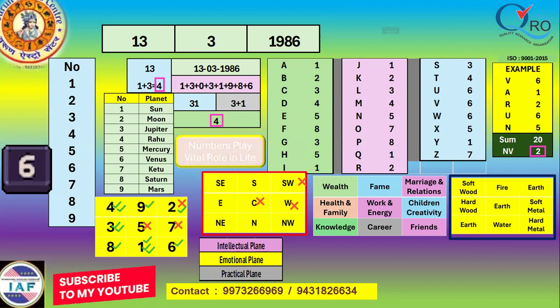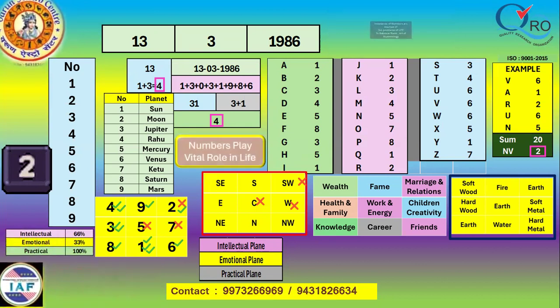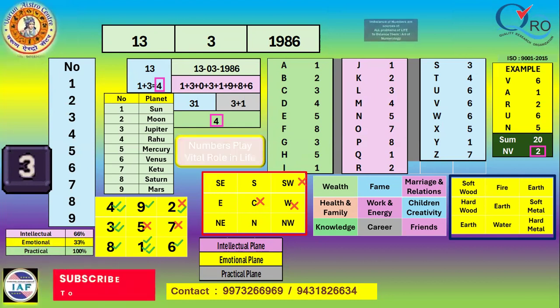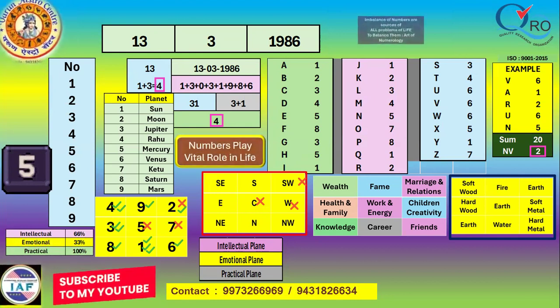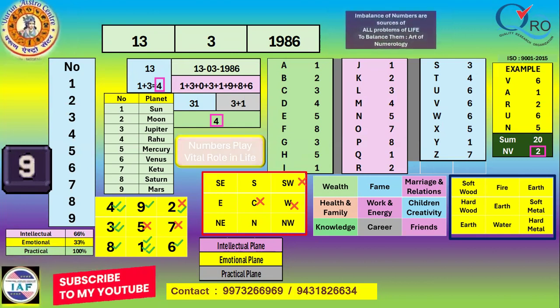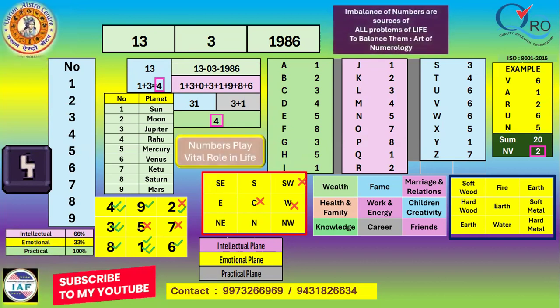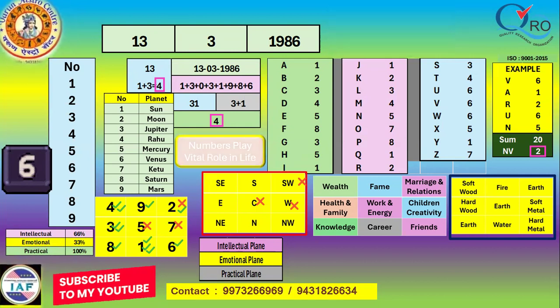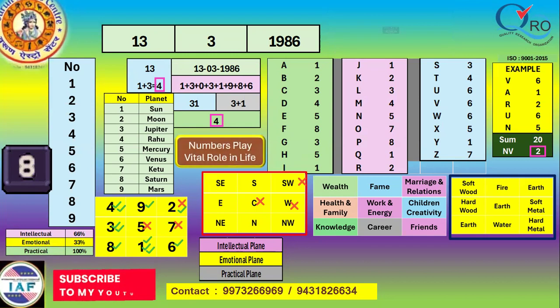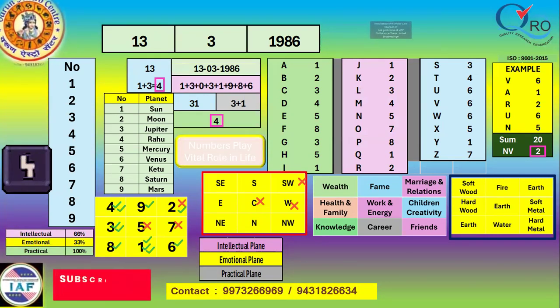For this native, we can say that the intellectual plane is 66%, the emotional plane is 33%, and the practical plane is 100%. Highly qualified intellectually, emotionally a bit less, practical is 100%.